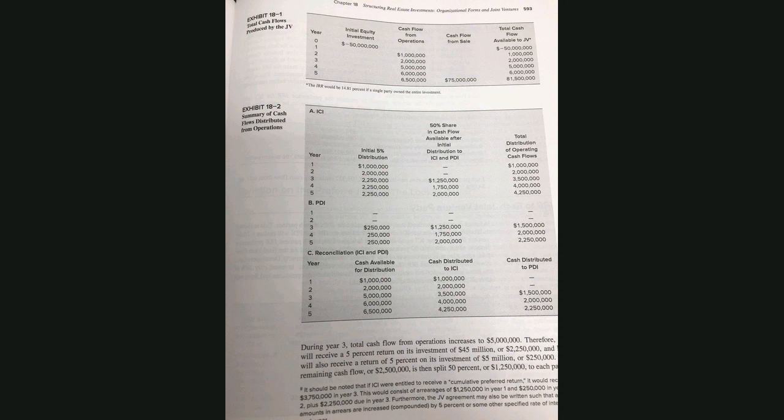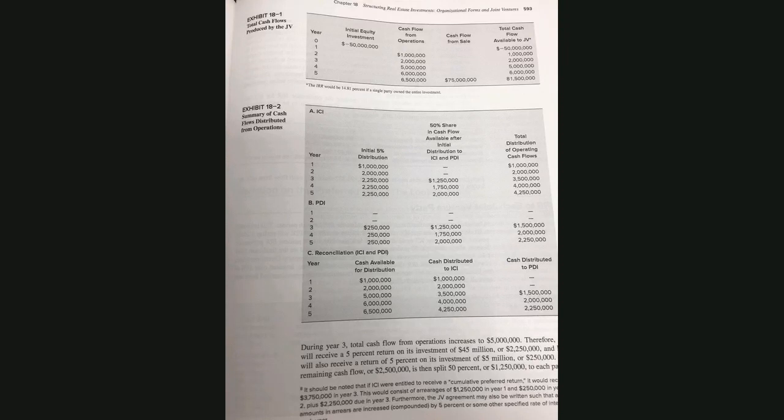Okay, that's because the initial 5% distribution given to PDI is a lot lower compared to ICI. Then they have a 50-50% share. So overall PDI is getting less.